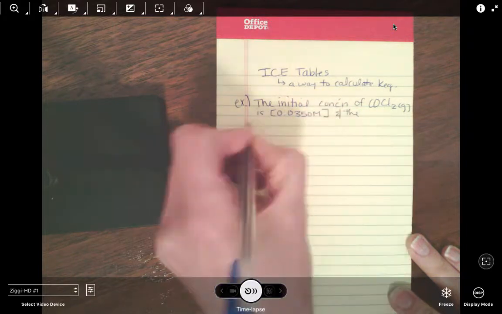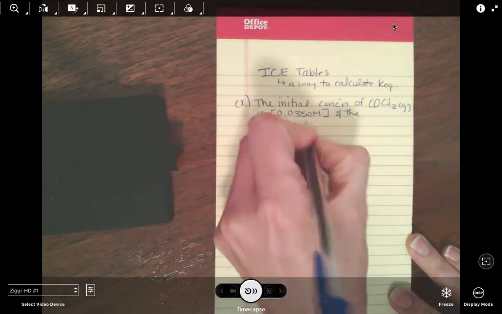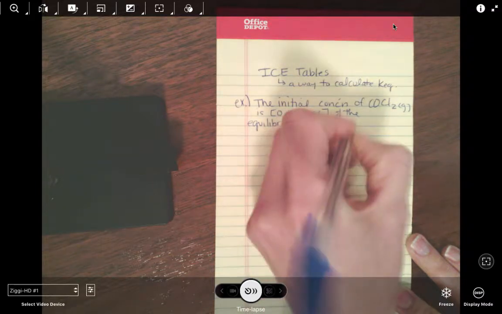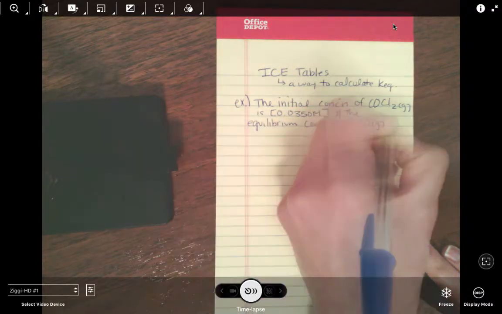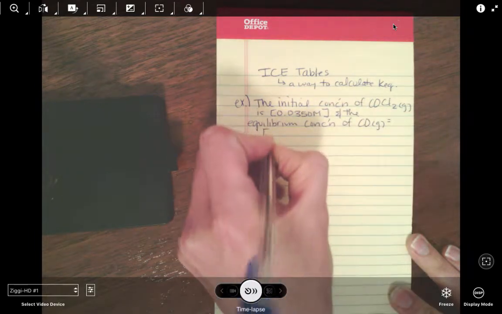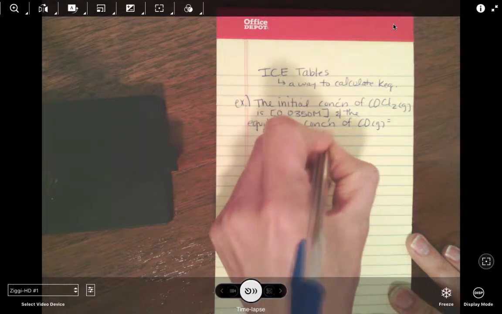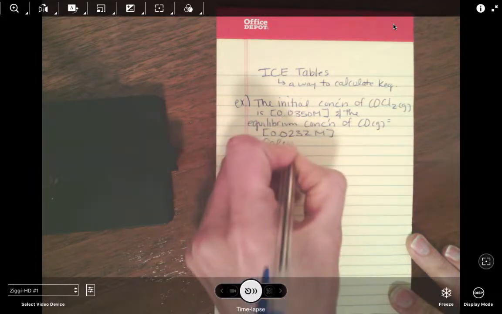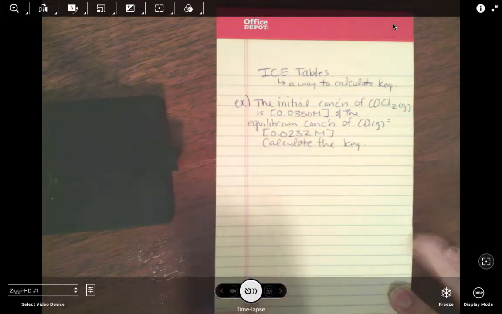And the equilibrium concentration of carbon monoxide gas is equal to 0.0232 molar. Calculate the K EQ of this reaction.